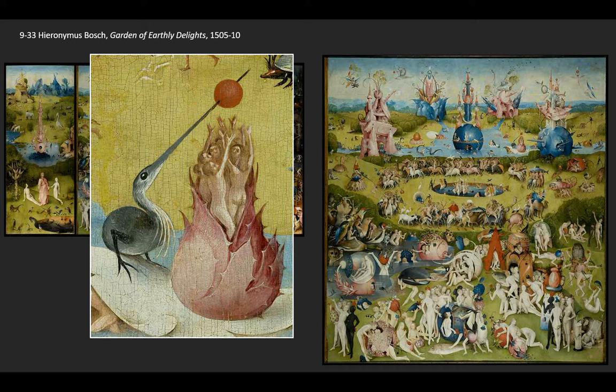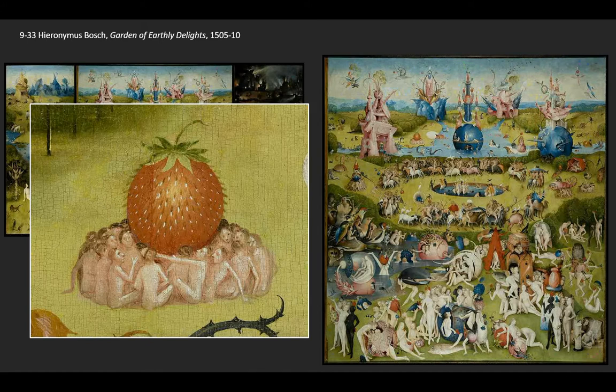So again, to show us numerous details of this, we see here a bird with some sort of fruit, some sort of berry, skewered on its beak, and then tempting the different figures down below with it. We can see this just here in the composition. A group of figures gathered around a very, very large strawberry, perhaps, almost as if they're worshiping it like an idol. That can be seen just there on the composition.